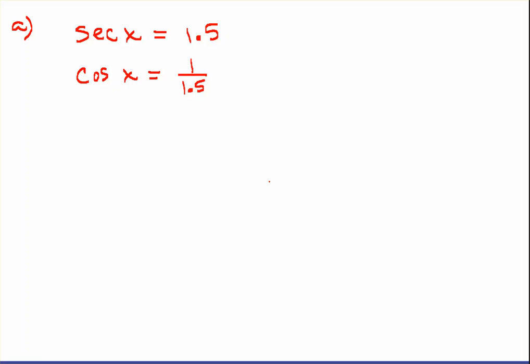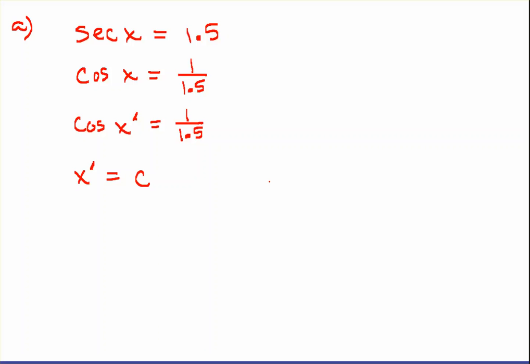Another thing is, we're not actually going to be able to find the angle. We're only going to be able to find the reference angle. So the next step is to find only the reference angle with the calculator. So cosine of x prime equals 1 over 1.5.